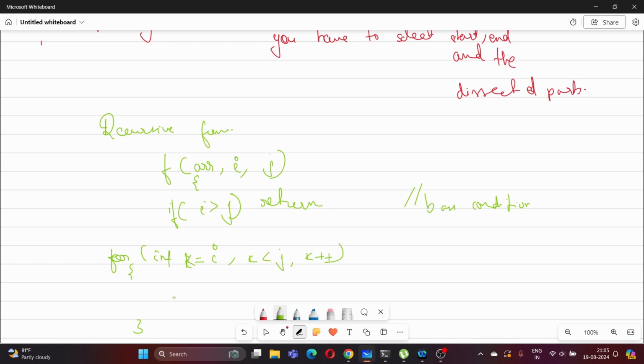The recursive part: function array I to k, plus function array k or k plus 1 to j, and whatever operation you might need to do. So this is the whole summary of partition.